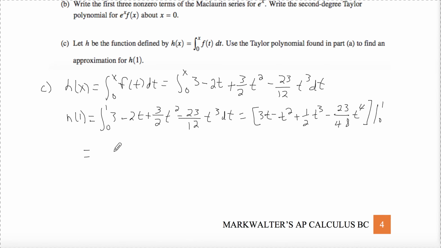Plugging in 1 is nice and easy because you would get 3 minus 1 plus half minus 23 48ths. And plugging in 0 is easy because you just get 0. So this is our answer here, unsimplified. If you really wanted to and you're feeling gung-ho about it, but I would not encourage this, you would get 97 48ths.